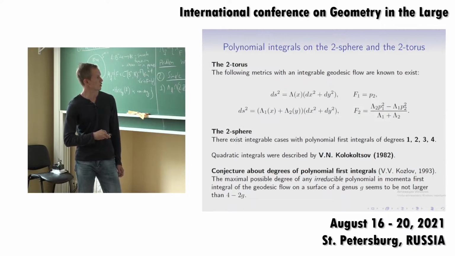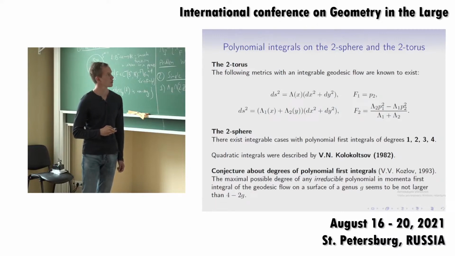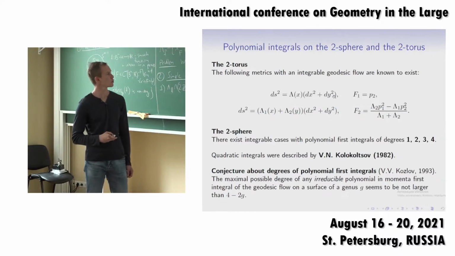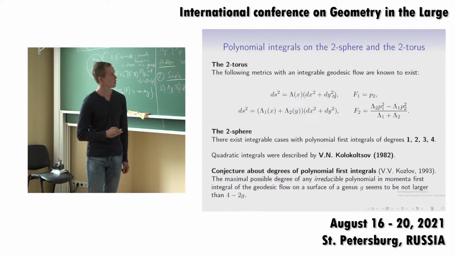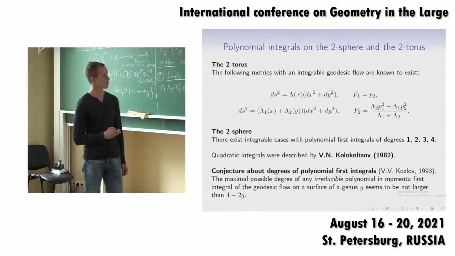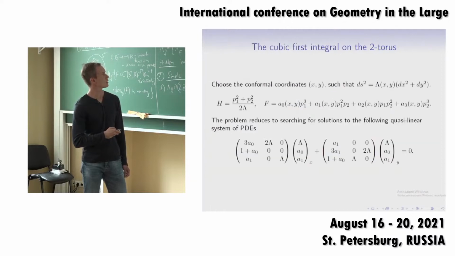So this is the conjecture, and it seems to be true for the two-dimensional torus, but it is still not proved, even in the simplest case of cubic first integrals, for example.